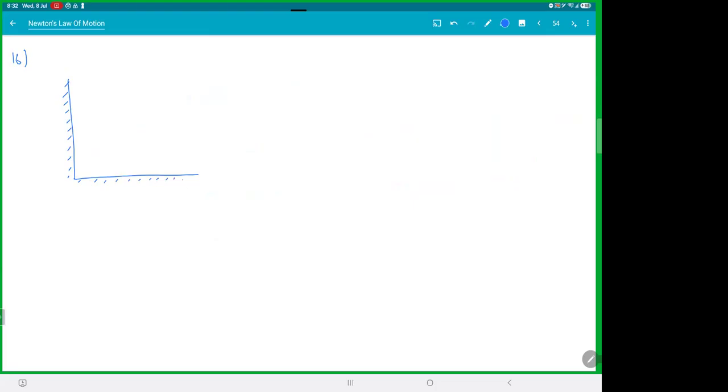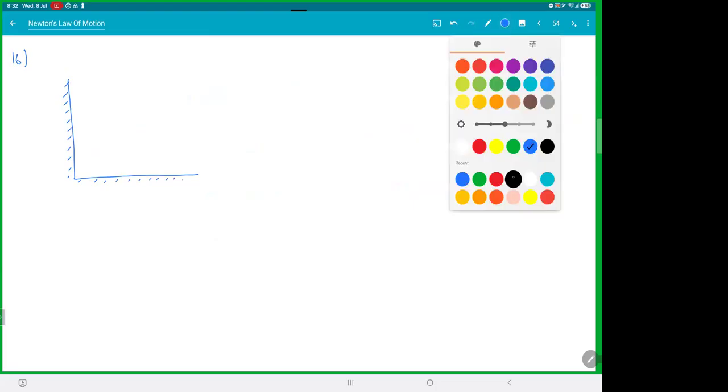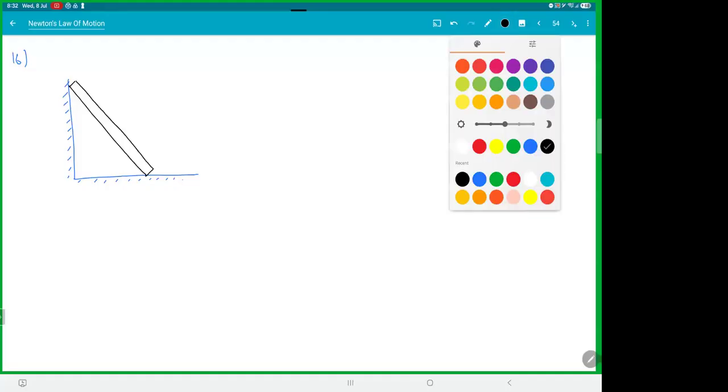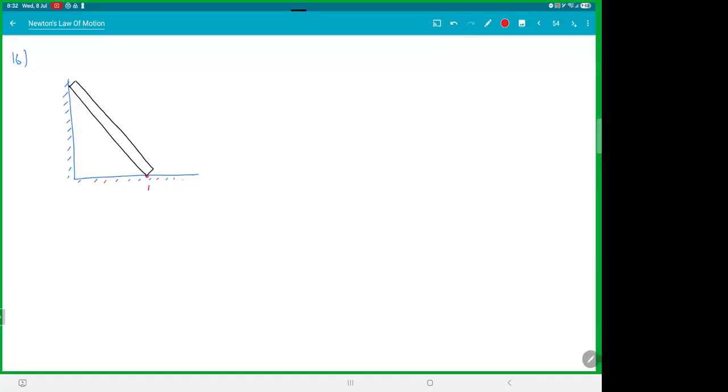We got two perpendicular walls here, and there is a rod. This is point A, and this is point B. So A is pulled with constant speed u.